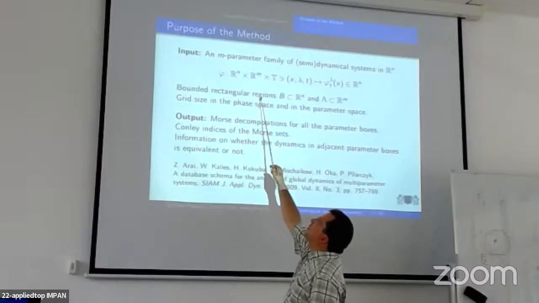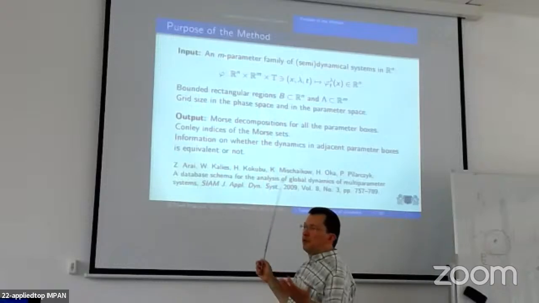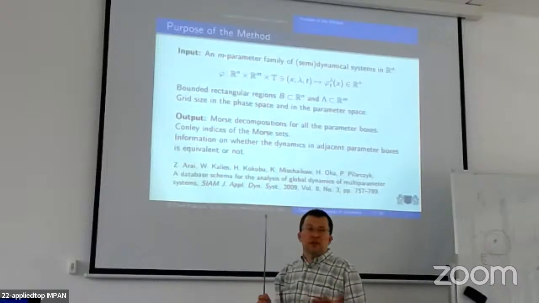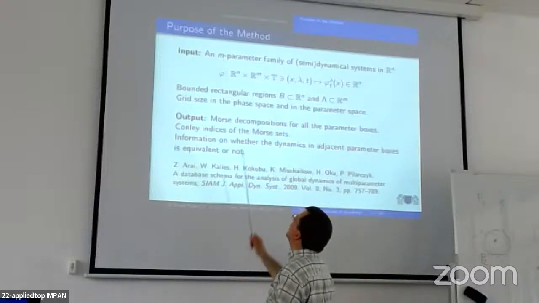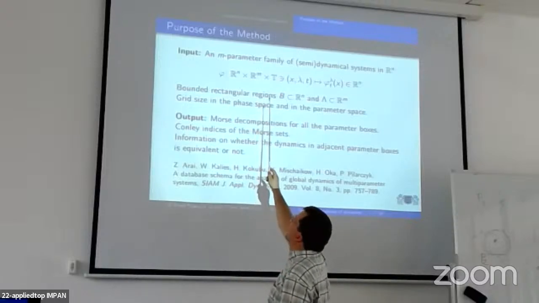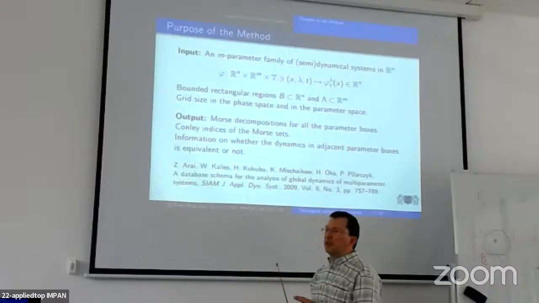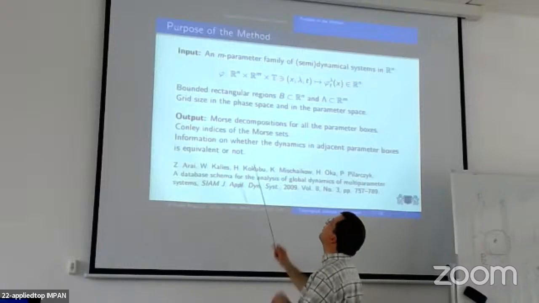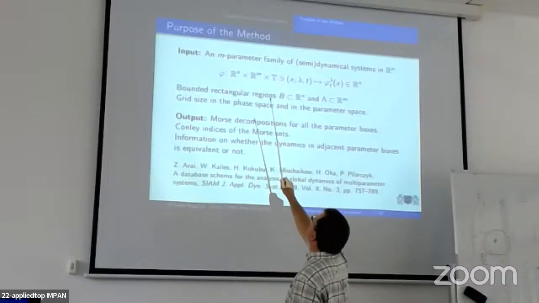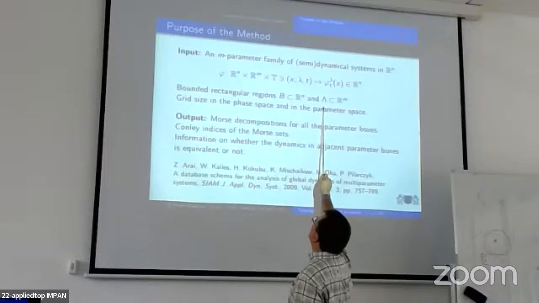We have n parameters, for example, 3 different parameters or 2 parameters, or in some real systems there are dozens of parameters that we don't know. But the method I'm going to show practically works where we have 2 or 3 different parameters that we vary in some specific ranges. So we need to have bounded ranges for all the parameters.